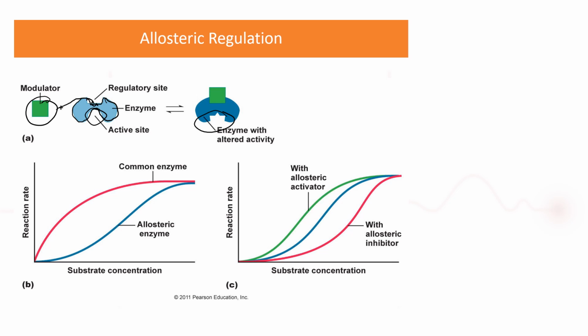By changing the shape of the active site, the enzyme either can increase its affinity for a particular reactant or substrate or decrease its affinity for a particular reactant or substrate. Now, we have already talked about affinity, so what is going to happen in these different circumstances should hopefully make quite a bit of sense.